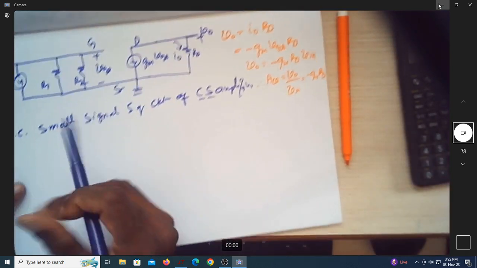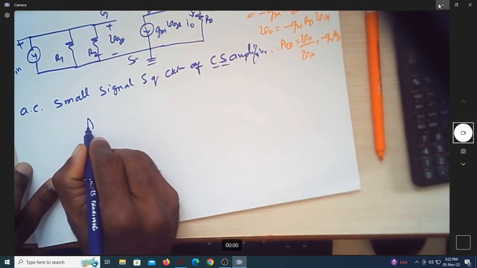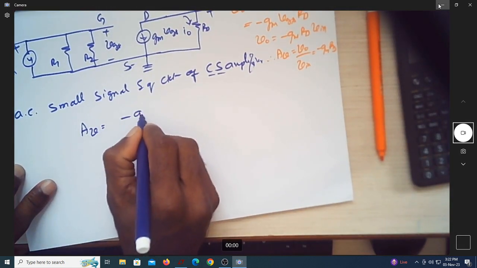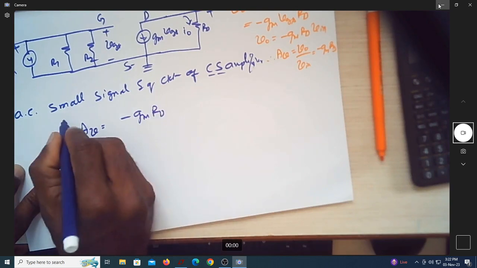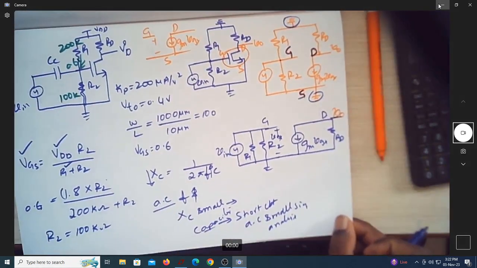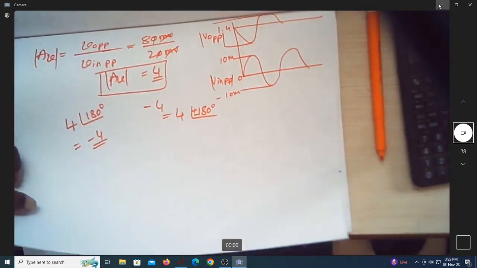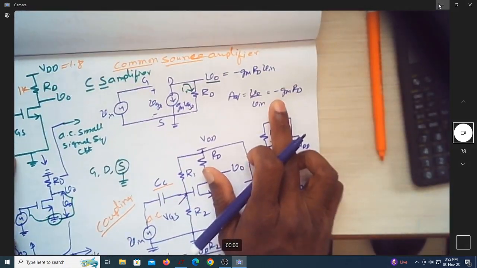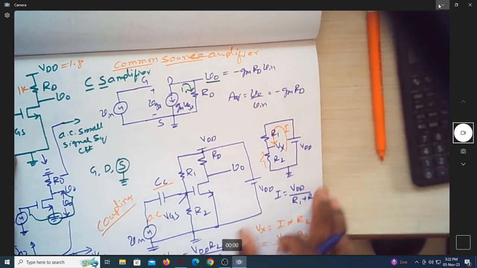So what is the expression for the gain? AV, voltage gain, is nothing but minus gm into RD. That means to say, whatever expression you had earlier for this amplifier, which was minus gm into RD, you still get the same thing.